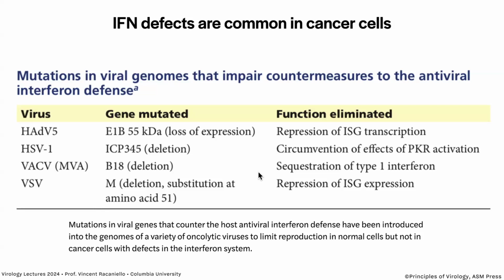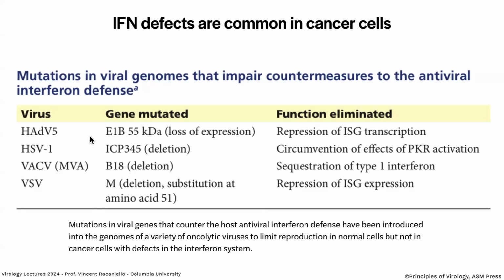First of all, interferon defects are common in cancer cells. And so what we do is we introduce mutations into the genomes of these oncolytic viruses, into genes that counter antiviral interferon defenses.